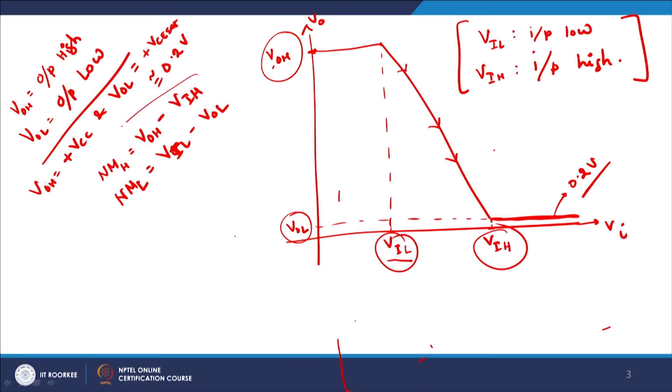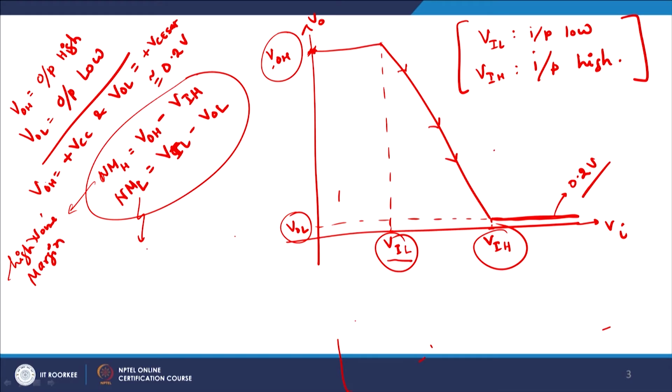So the difference between the voltage of VOH here and VIH here is defined as my high noise margin, and this is referred to as the low noise margin. What does a high and low noise margin mean?